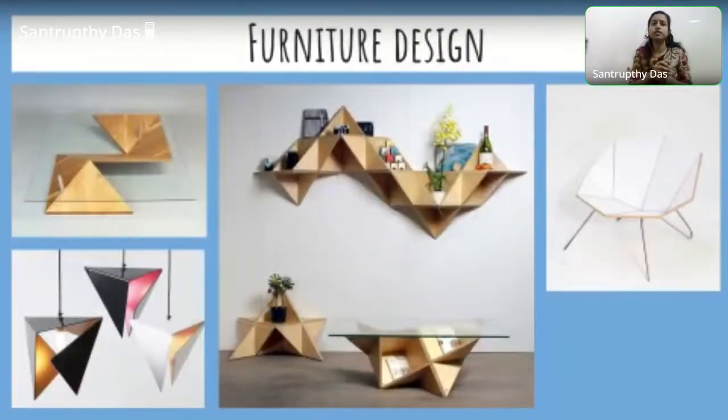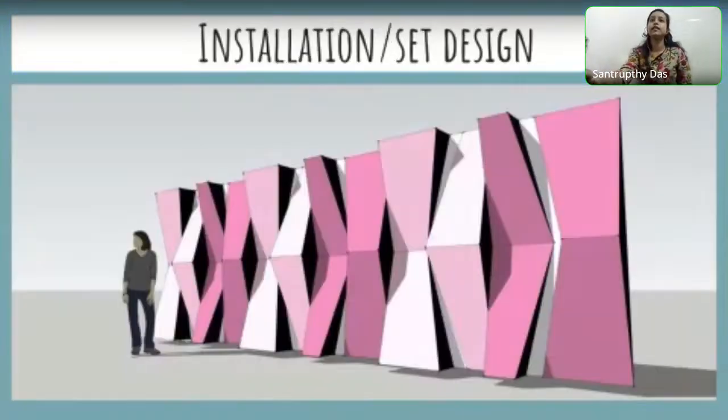There's a wide range of furniture that is being made in origami, like tables, bookshelves, chairs, lamps, and lamp itself is a huge topic inside origami, where there are n number of ideas that you can use for lamps. And then the last one is installation design or set design, where you need, let's say, a background for a dance performance or something like that.